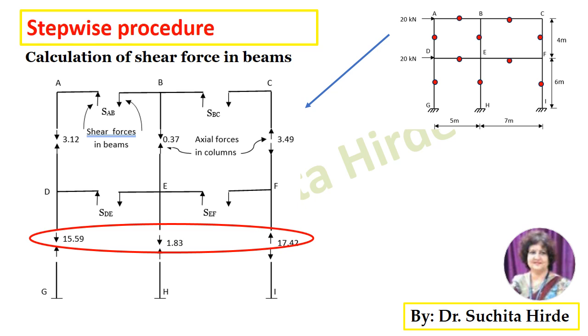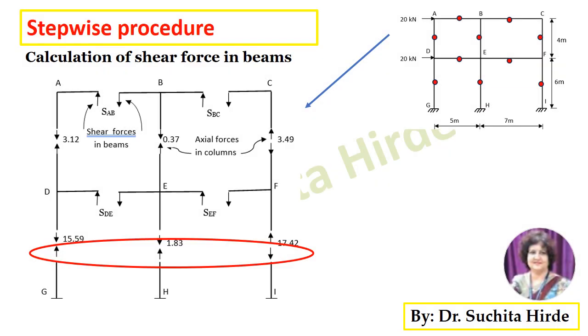After drawing the axial forces in the top column, draw axial forces in the bottom column, which we have calculated as 15.59, 1.83 and 17.42. Then draw equal and opposite forces on the other part, like this.